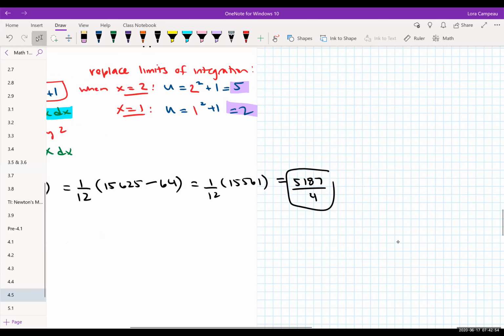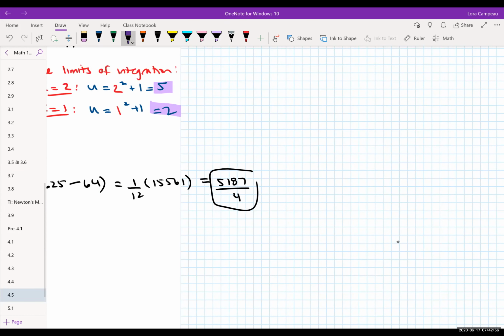So one other option, a little note: sometimes we tend to choose whether or not we want to replace the limits of integration at the beginning or at the end. Sometimes with experience, certain problems take different techniques to be easier. So with experience, see what works for you.